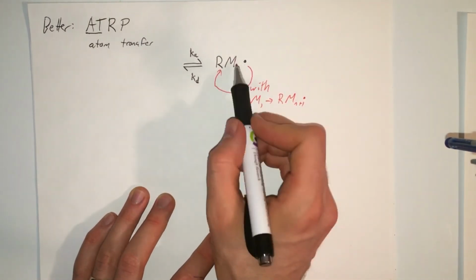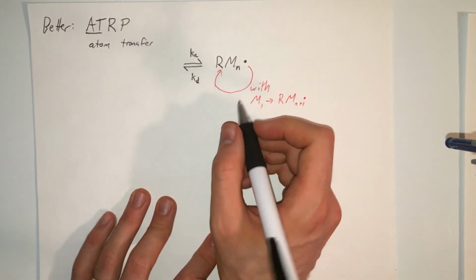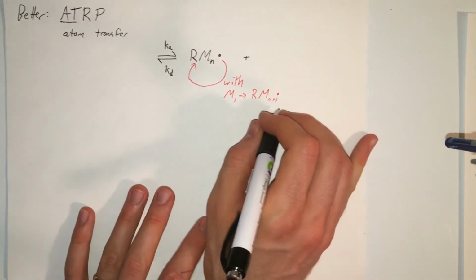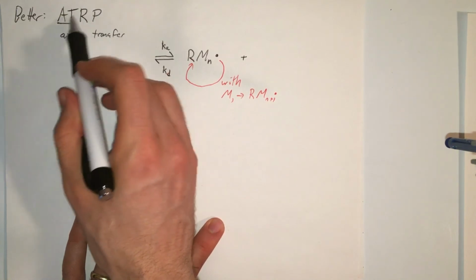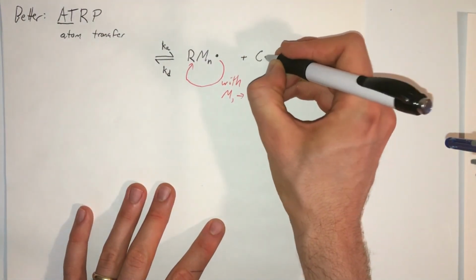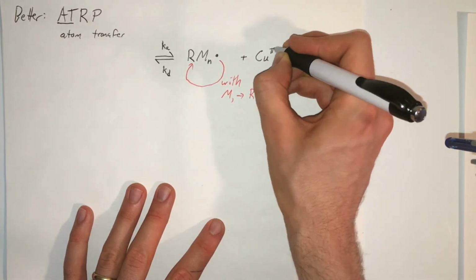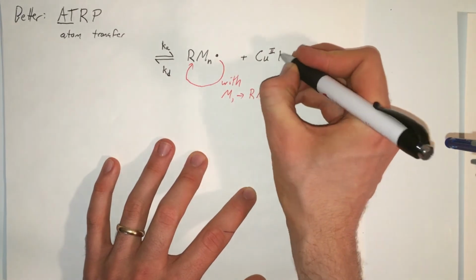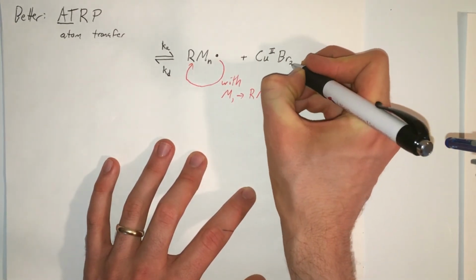But instead of just having this process happen a whole bunch of times by itself, we add in this atom transfer compound. So it's copper, typically with a 2 valence and 2 bromines.